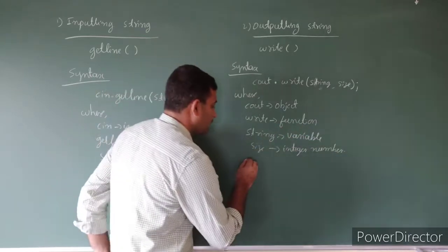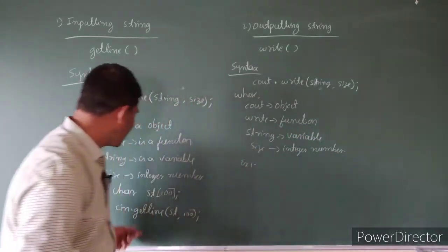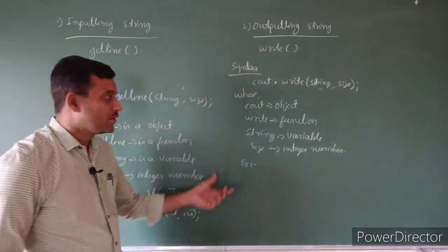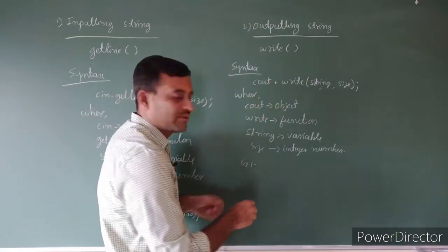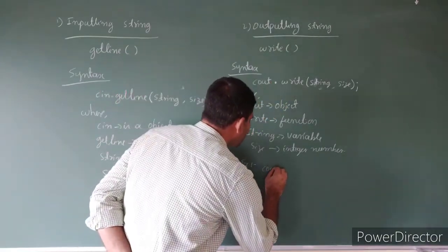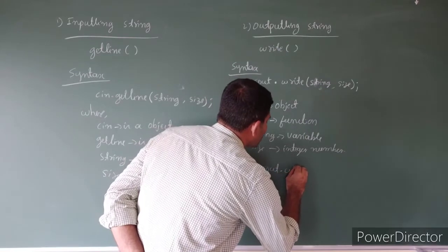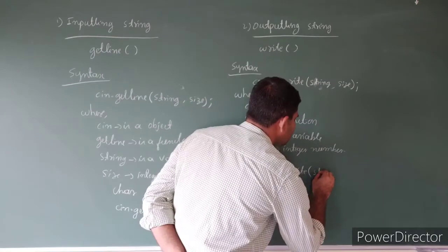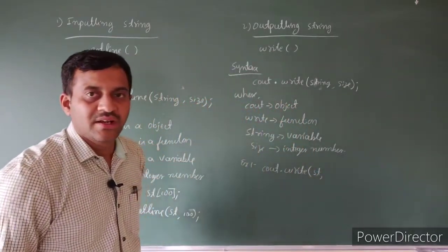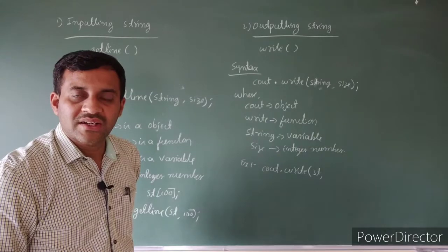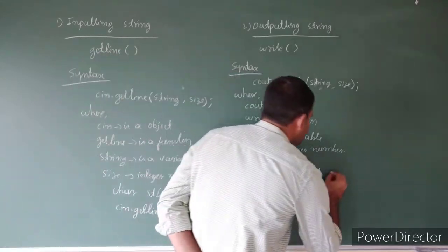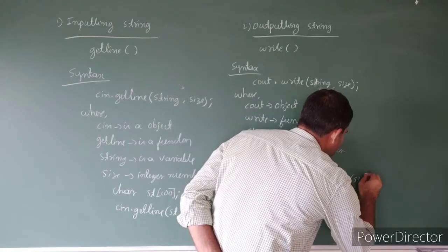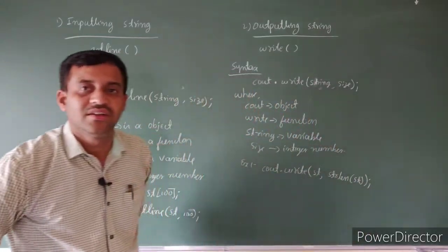See the example. Here we declare a string array, then we read the value up to 100. To print the string, we use cout dot function name write. It accepts two parameters. The first one is the name of the string, the second one is the size. To know the number of characters in a string, we use the function strlen of st. Already we know what strlen is.